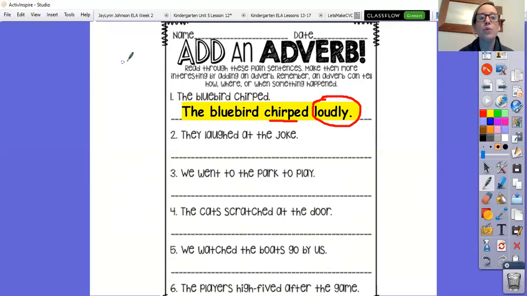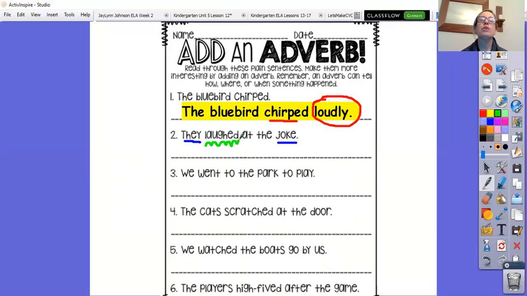So they, that's our noun or subject. At the joke. So a joke is a thing, right? So what are they doing? What's the action verb? Are they making spaghetti? They're laughing. They're laughing at the joke, okay? So they are laughing, right?